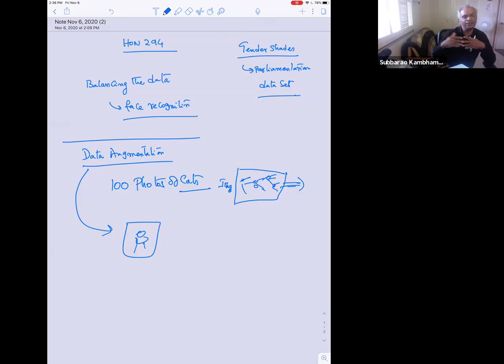You got 600 rotated pictures. They're all cats still, because we agree they are cats. So this idea is called data augmentation, and it is used to deal with cases where there is not enough data.